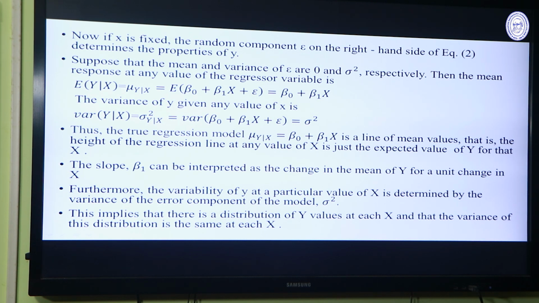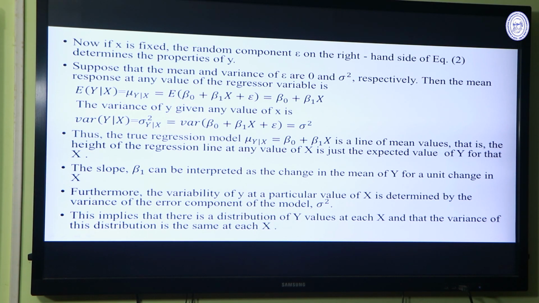If we consider that the error term has a constant variance, that is sigma square, then variance of y given x will also be equal to sigma square. So, variance of x does not actually impose any problem on variance of y. Variance of y is solely determined by the variance of epsilon, that is the error term.